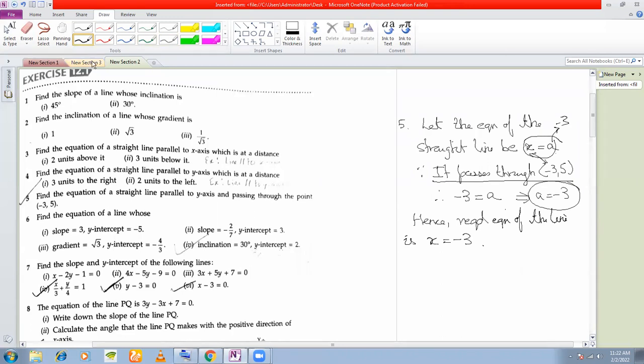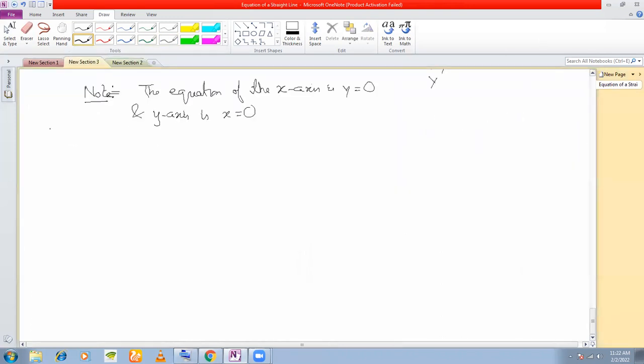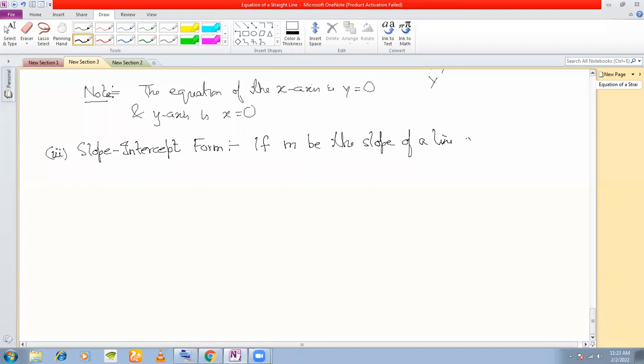Okay. We proceed with the next standard form, which is called the slope intercept form. Slope intercept form. If m be the slope of a line, or gradient of a line, and c be its y-intercept.